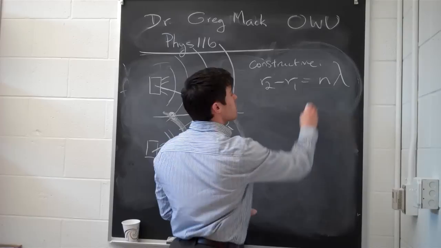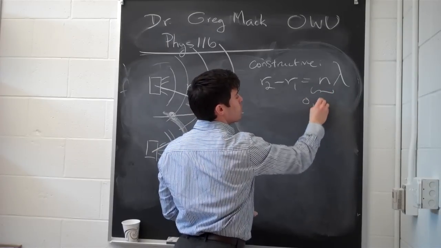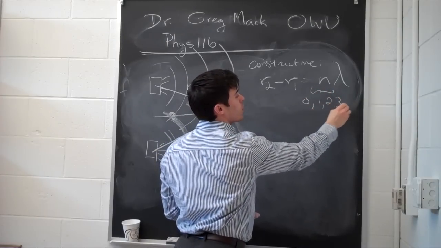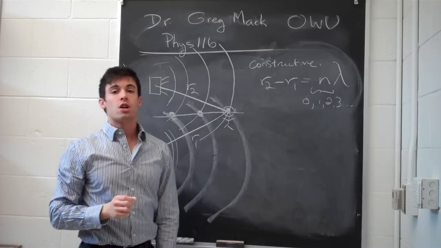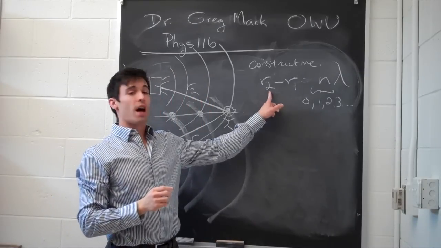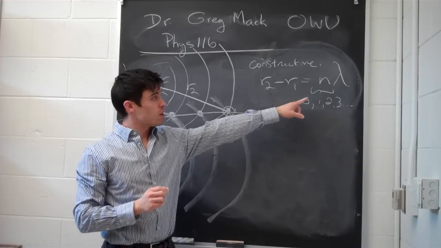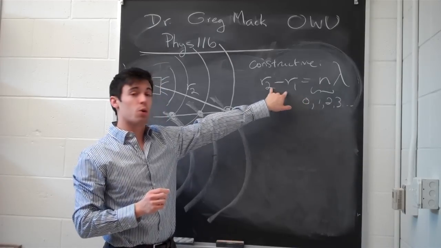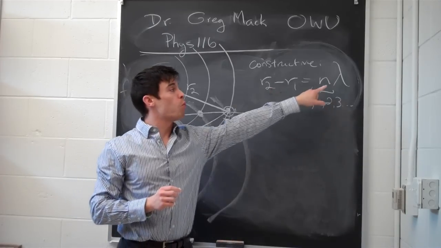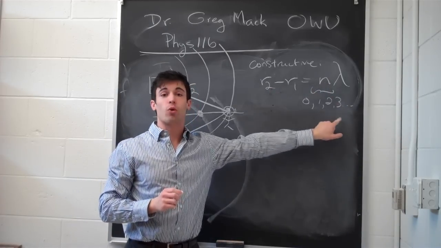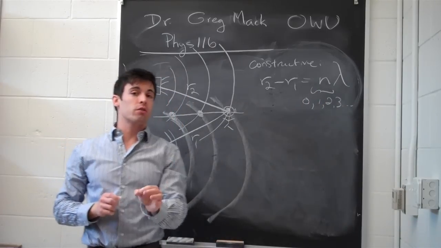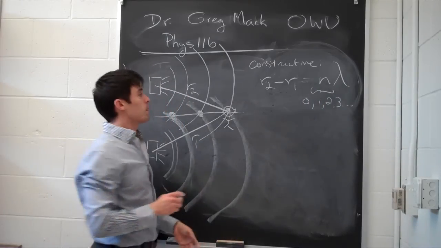Okay, so in this n corresponds to 0, 1, 2, 3, etc. up to infinity. So as long as you position yourself between the two speakers in this way, that you end up with this relationship where they're equal, or they're separated by one wavelength, or two wavelengths, or three wavelengths, you will hear constructive interference. Okay?